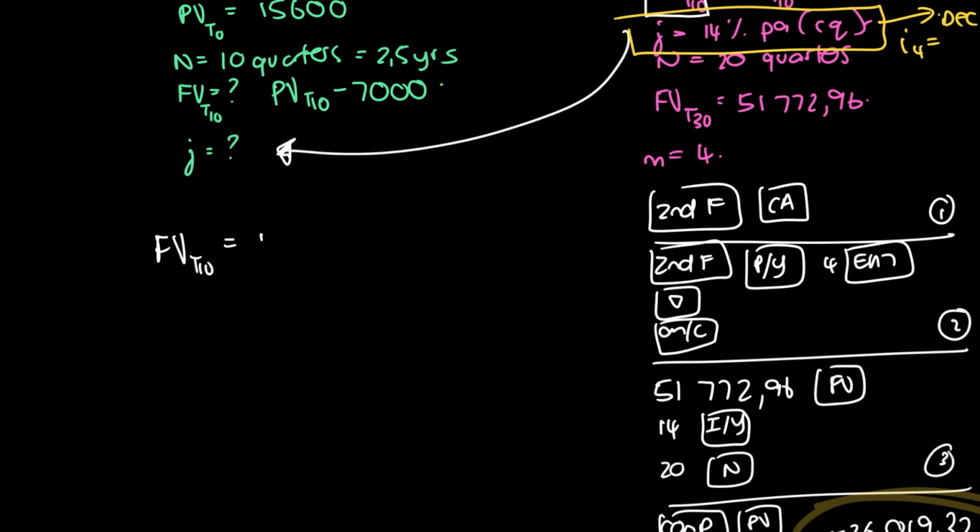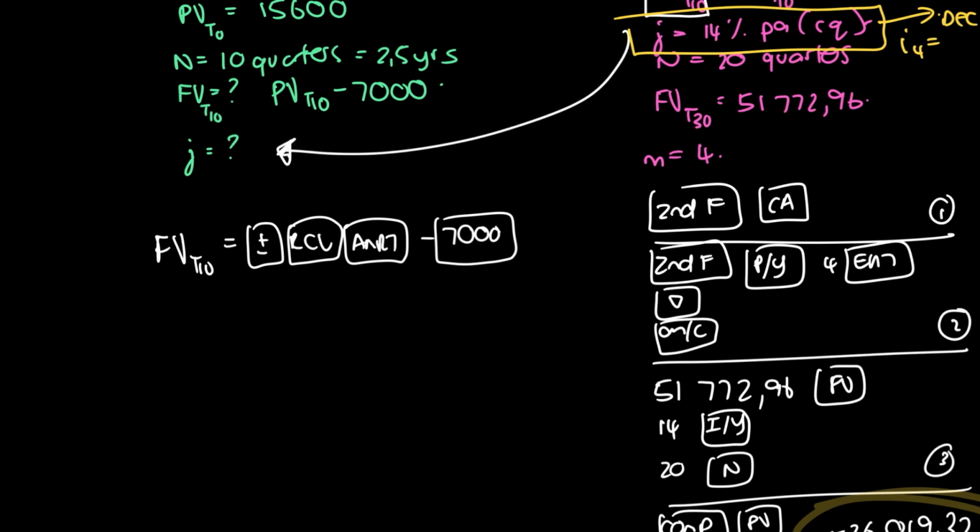So we will press plus minus, recall that variable, minus 7,000. So we're recalling the present value from the pink part. And the reason why we have the plus minus is because it was stored as negative.